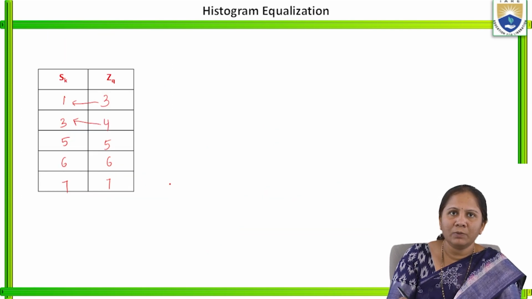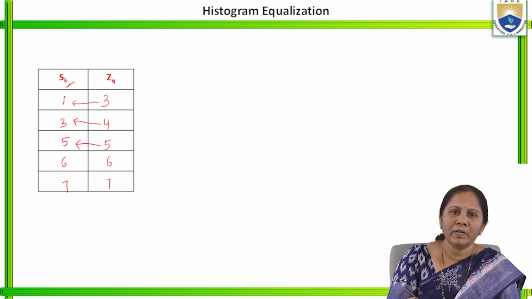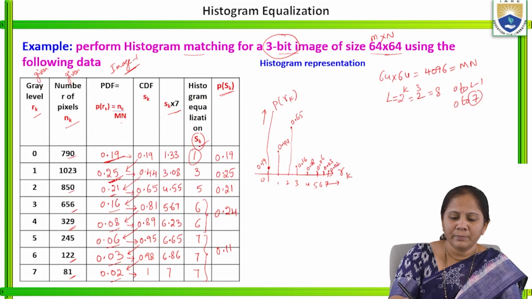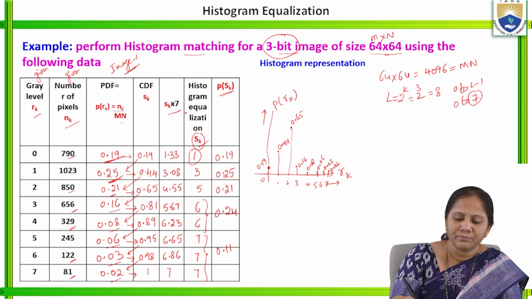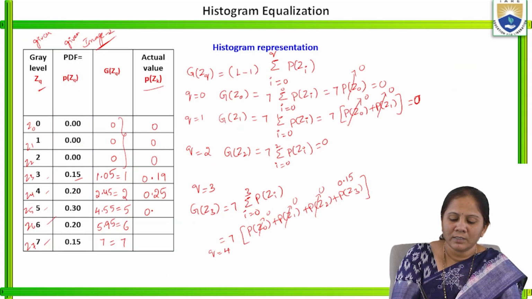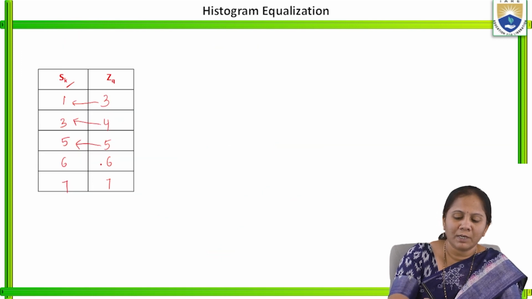And what is the next inverse mapping? 5 to 5. 5 means here this is SK value. When SK value is 5, see here, when this SK value is 5, what is the value here? 0.21. So we have to write here 0.21.